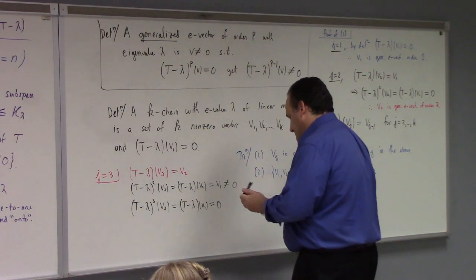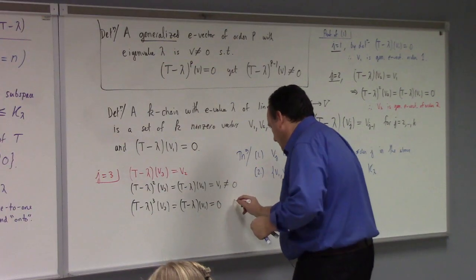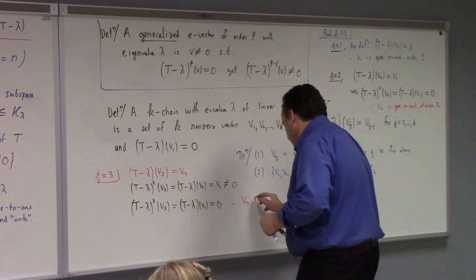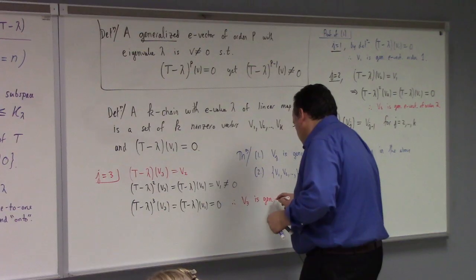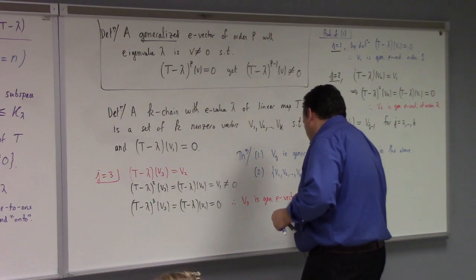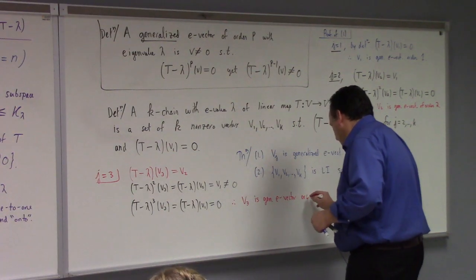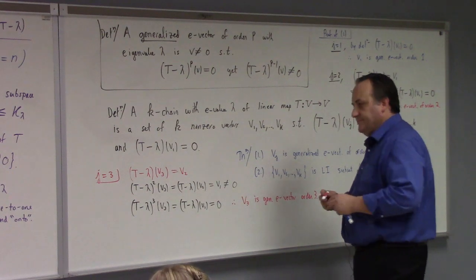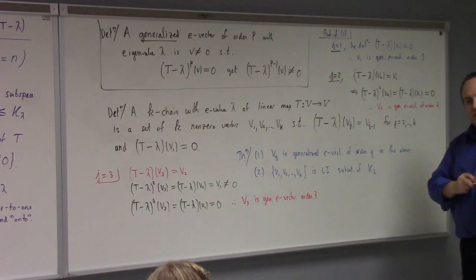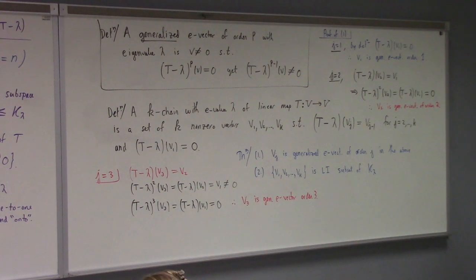Therefore, v3 is a generalized eigenvector of order 3, all right? We can go on like this, yes? All right. So that's essentially the proof of 1. And you could clean that up with an induction, right?